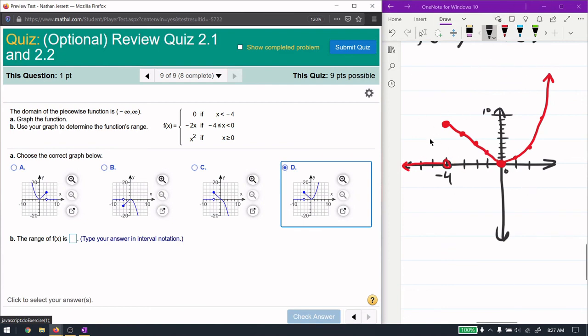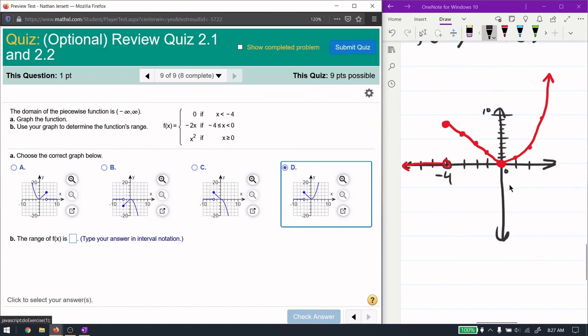This side doesn't even matter because this side takes care of it all, but you could also say 0 is definitely in there because this thing hits 0 all the time. And then all the way up to 8, that would also be included in the range, and everything above that is contained too. So the range is going to be from 0 up to positive infinity.